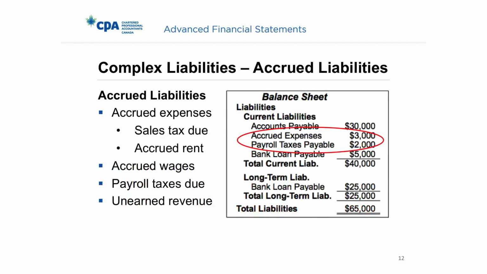So now let's jump to the other side of the balance sheet, looking at accrued liabilities. Accrued liabilities are expenses that are incurred but not yet paid for. They may include sales tax due, wages to employees, and payroll taxes. A good example is wages to employees.